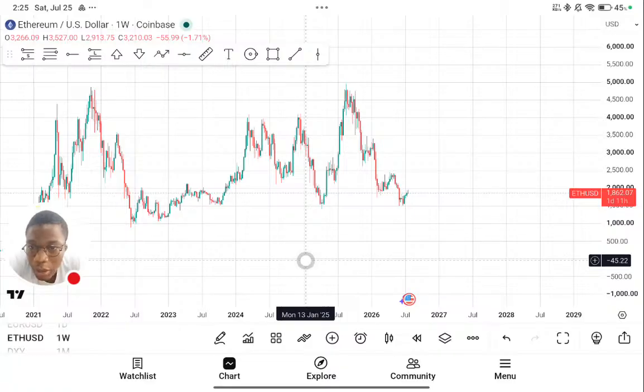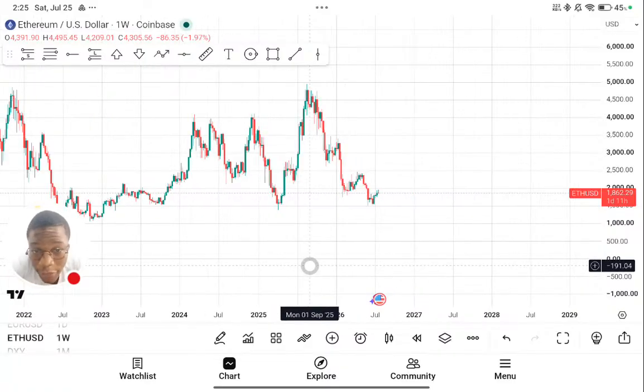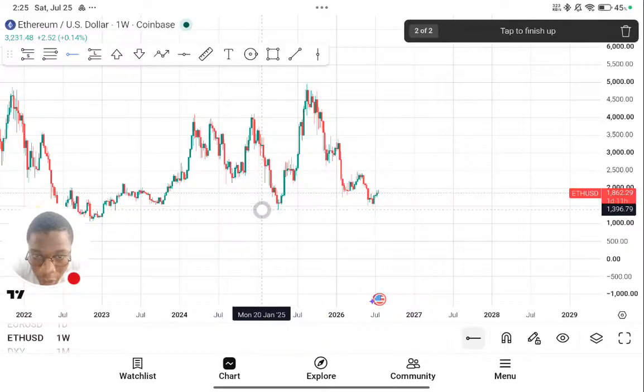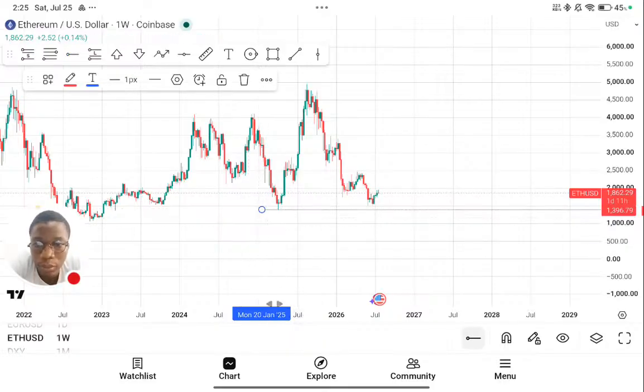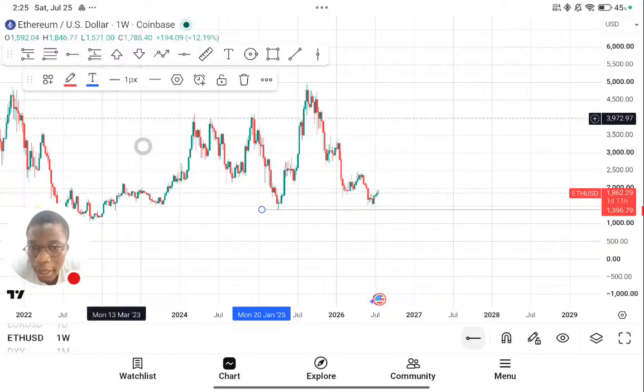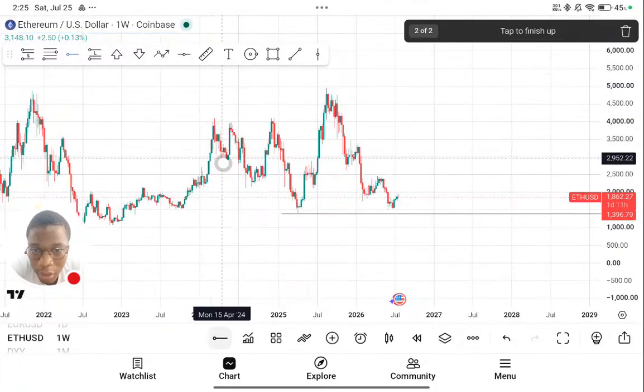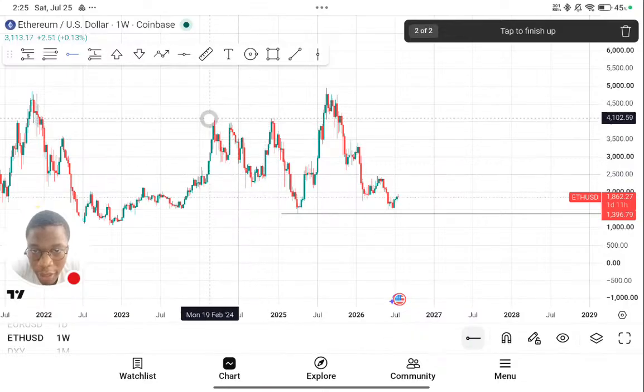Let's pick the story. We are on weekly time frame, mind you. So here we have a low, here we had a high, and this low took out this. This was kind of a range, right?